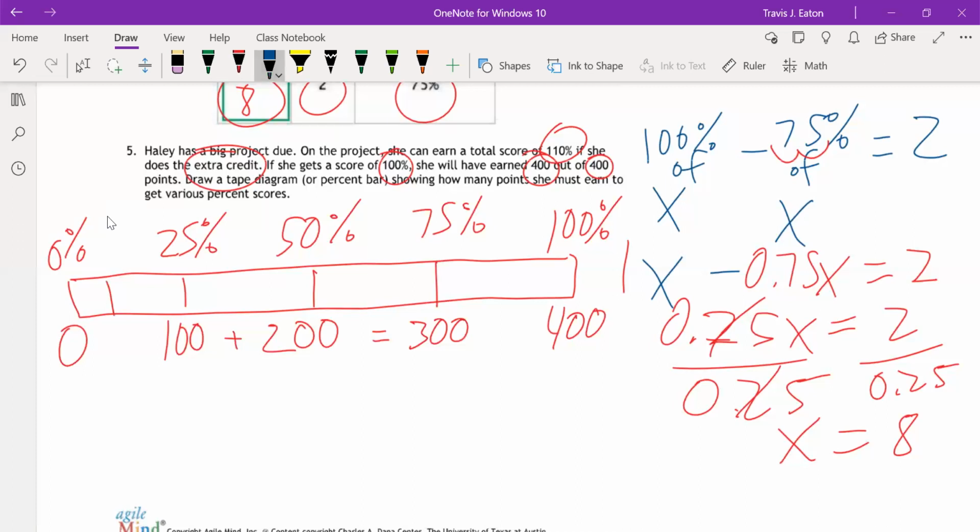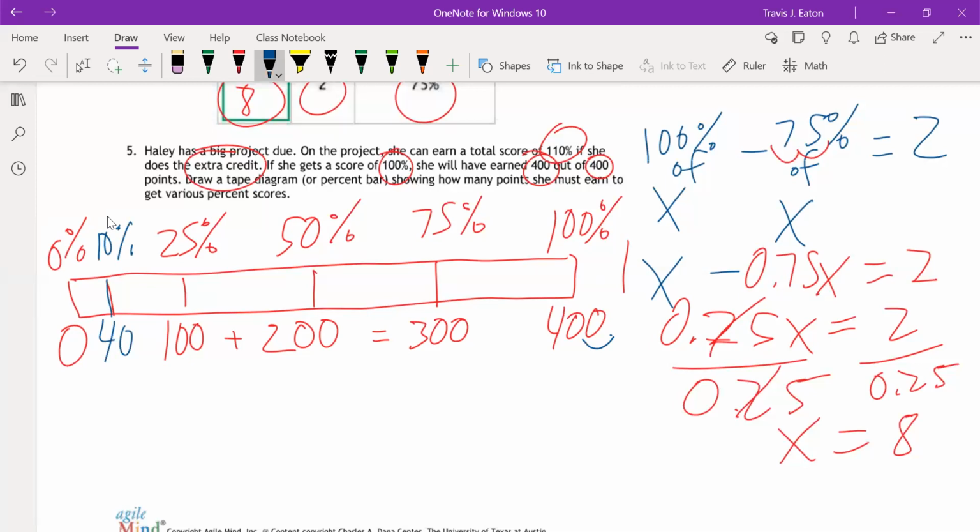I'll do that one in a different color because I don't want to get it mixed up. So 10% of 400. Well, 100 divided by 10 is 10. 400 divided by 10 means you're just going to move the decimal one place to the left. So 10% is going to be 40.